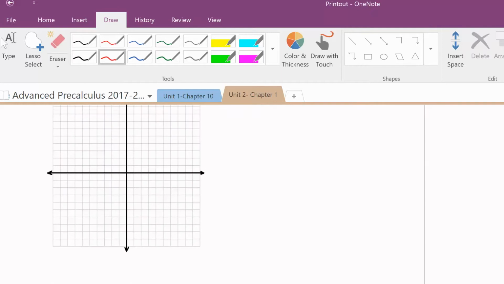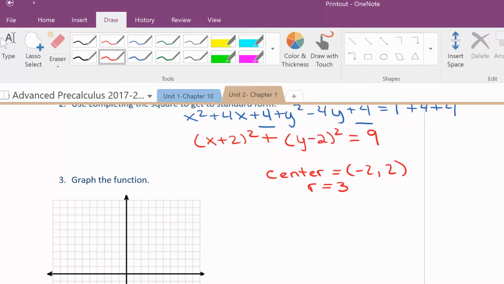So we're going to take (-2, 2) and graph it, and then we're going to go over 3 to (1, 2), to the left 3 to (-5, 2), up 3 to (-2, 5), and down 3 to (-2, -1).